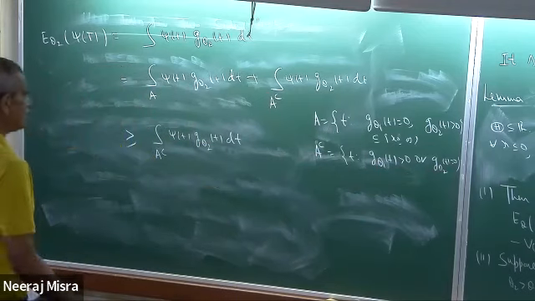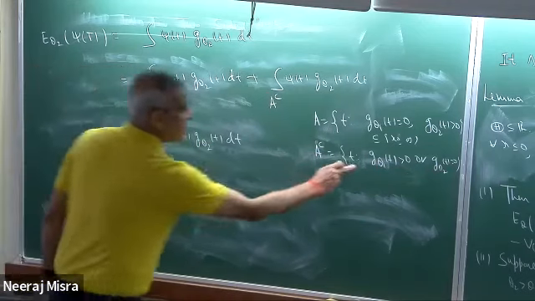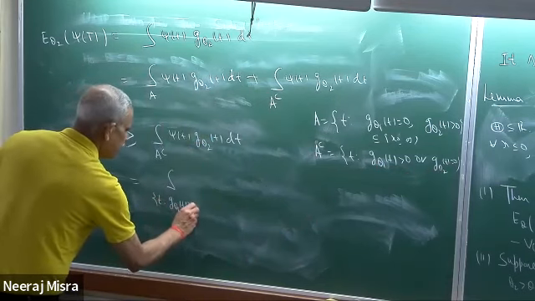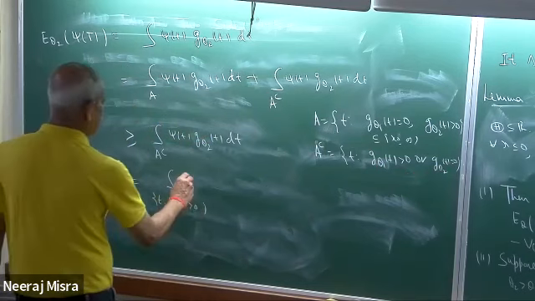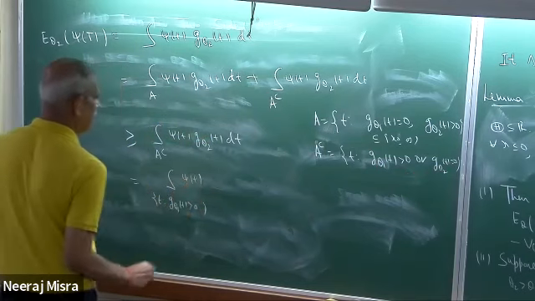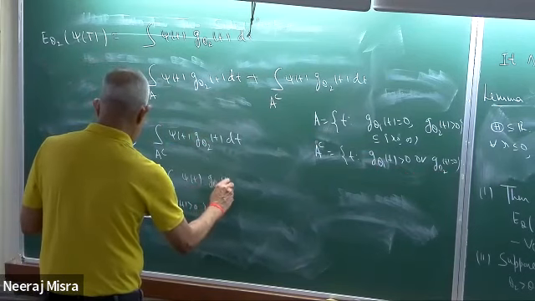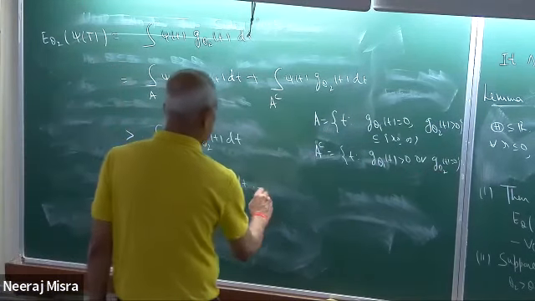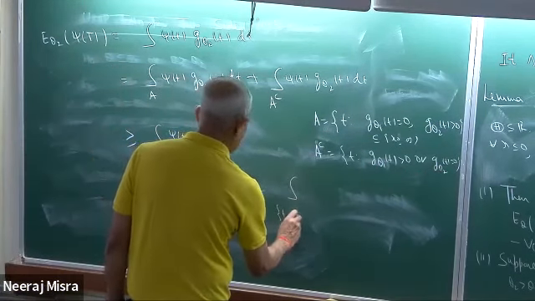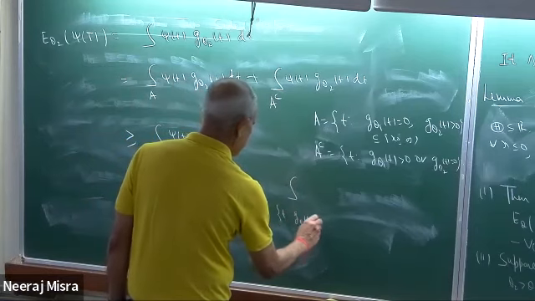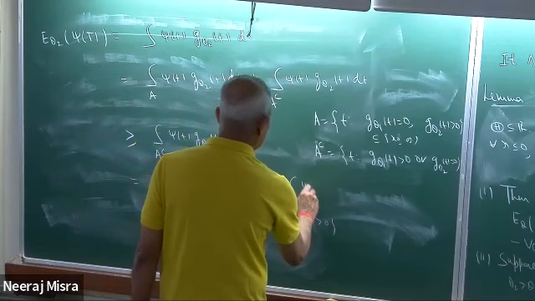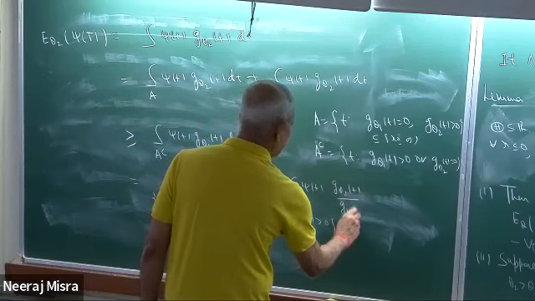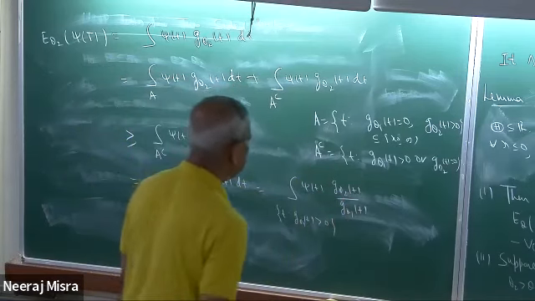So this would be the same as just the integral over all those t's such that g theta 1 t is positive, psi t g theta 2 t dt, which is the same as the integral over t where g theta 1 t is positive, psi t g theta 2 t upon g theta 1 t into g theta 1 t.